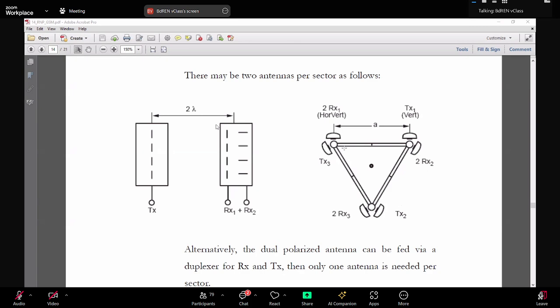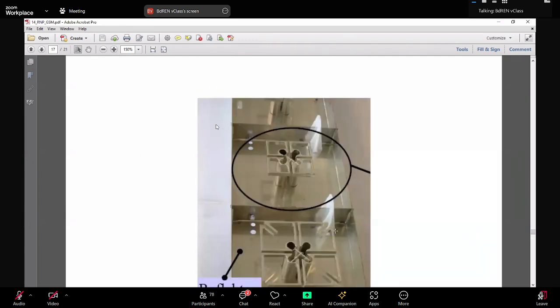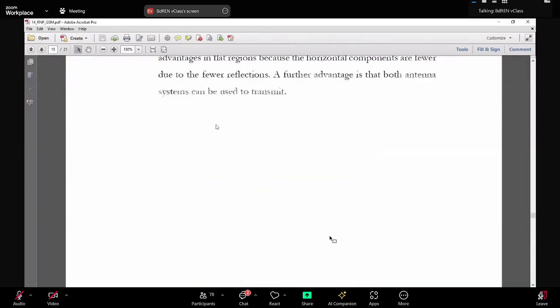And at every corner you have two. One is carrying the two receive antennas, the other is carrying the transmitting antennas. But now let me show you how the boxes look, like here. Okay, maybe I go gradually there.